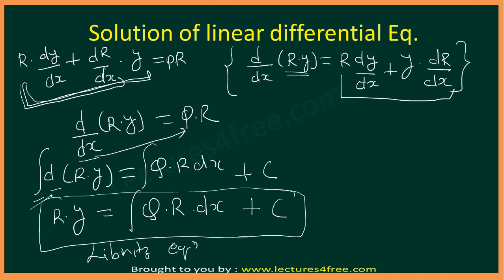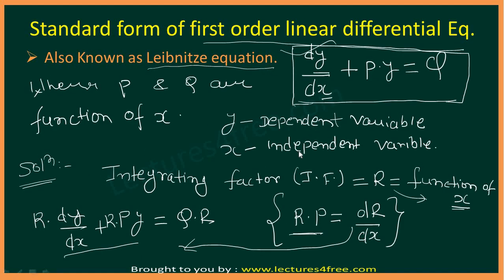This is the solution. Here r is the integrating factor. To find the value of r, let's consider our assumption. What we assumed here is r·p is equal to dr/dx.